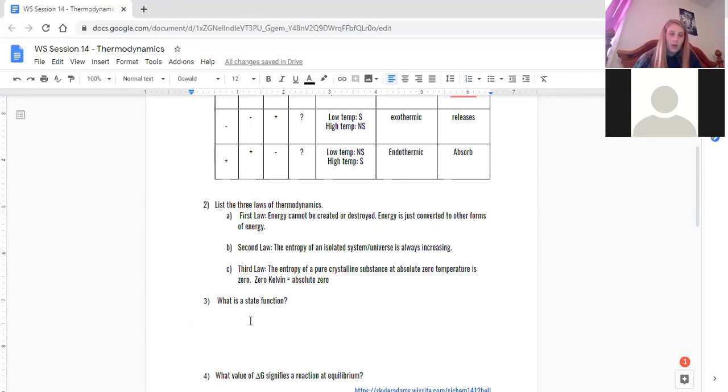So, does anyone know what a state function is? It's a function with variables that only depend on the initial and final values.